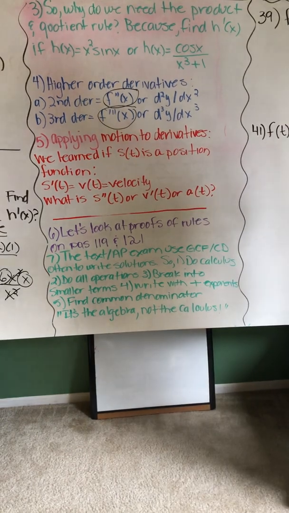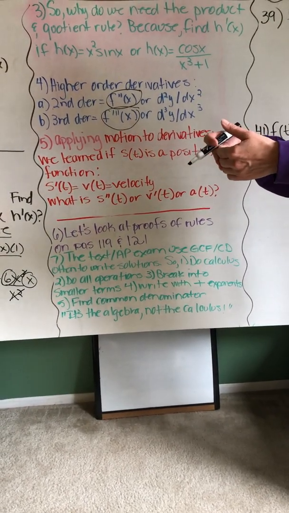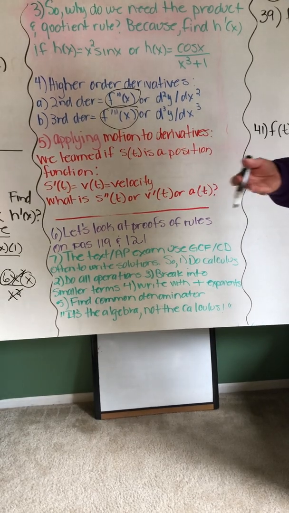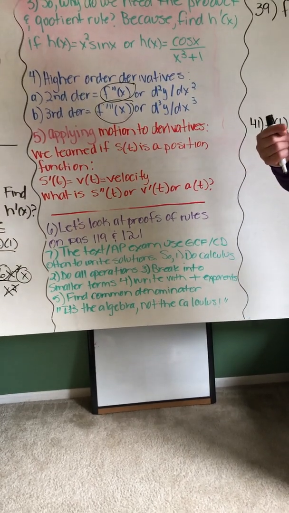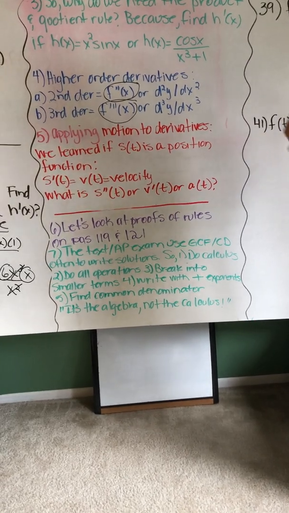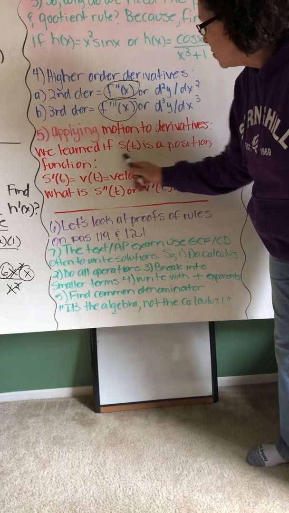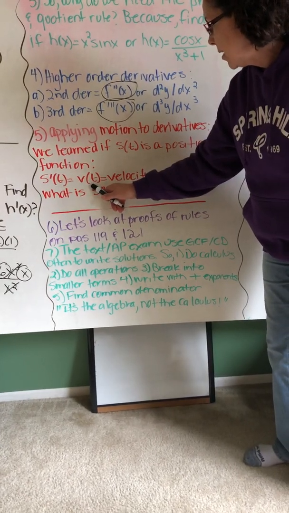So if at time 0 you're at mile 0, and 100 miles later, 2 hours have gone by, you would tell me your velocity was 50 miles per hour. That is a rate of change of your position. So the first derivative of a position function is velocity.